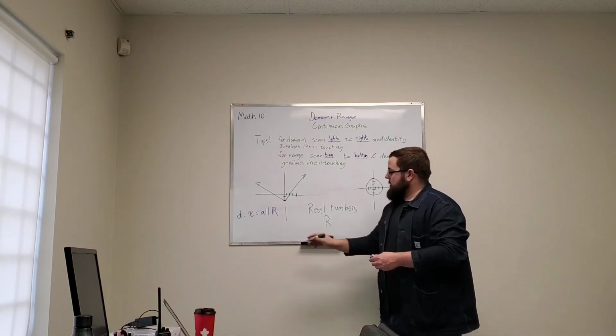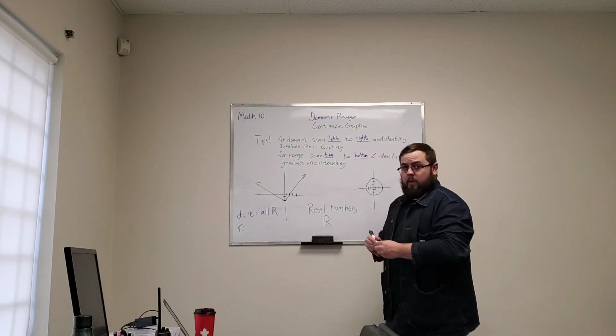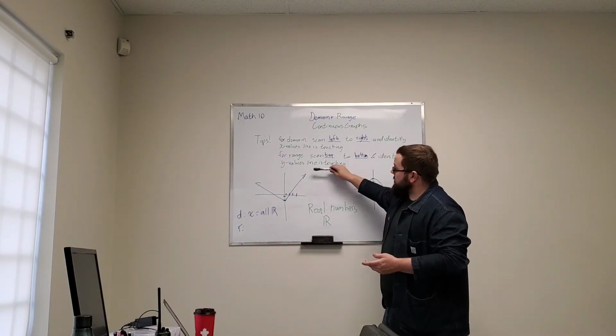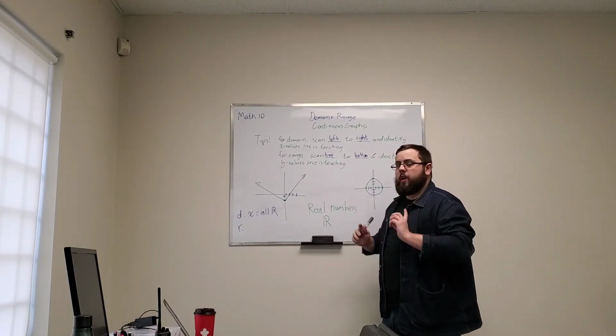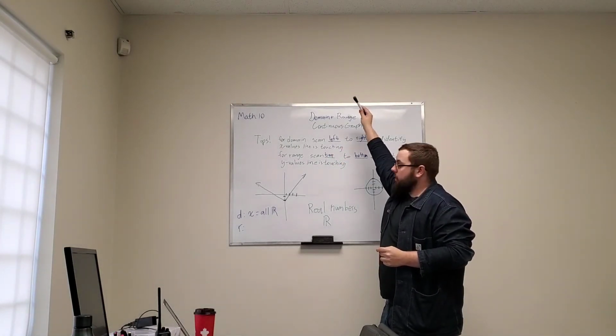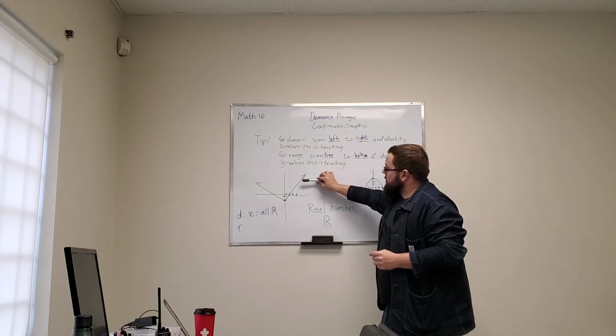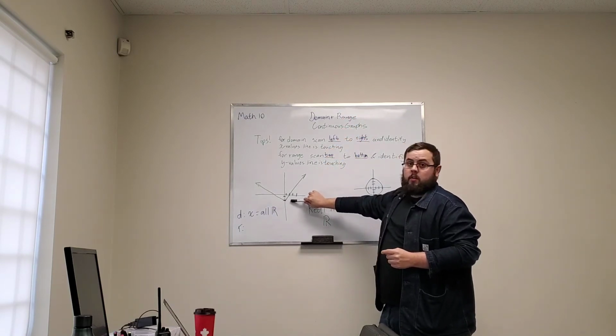So if we look at the range though, well now we've got something a little bit different happening, right? So from the top, again, these are going off forever in those directions, so we could go to positive infinity, right? But then as we come down, we stop right here.